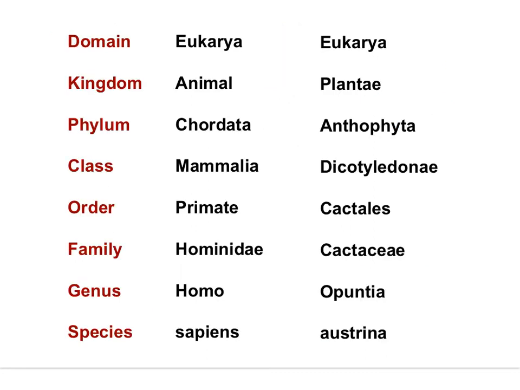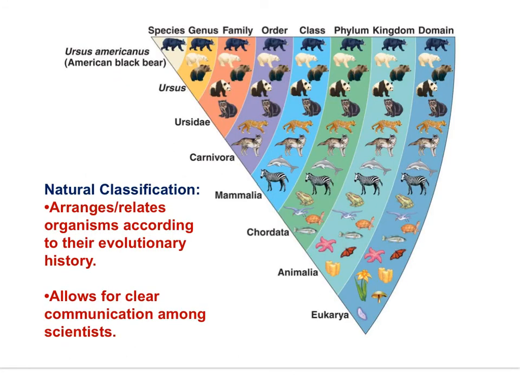Here are two species, an animal and a plant, classified from domain to species. The species on the left should be familiar to you. I'll let you study this slide on your own. Here's the classification of the black bear from domain to species. You've seen this slide already.